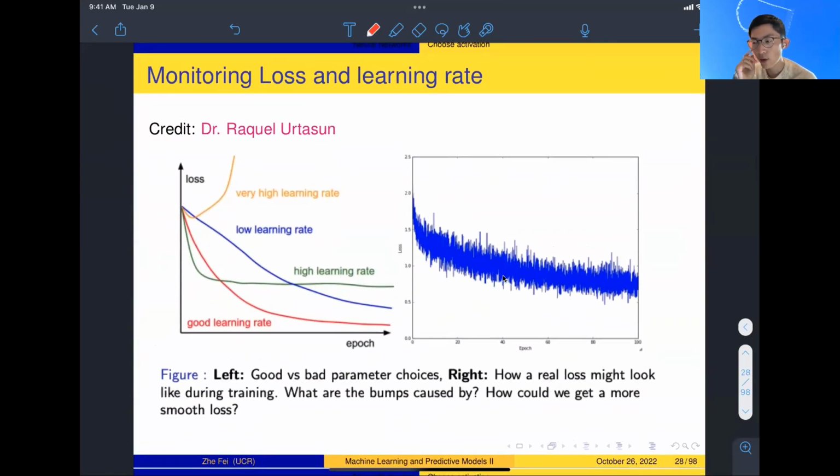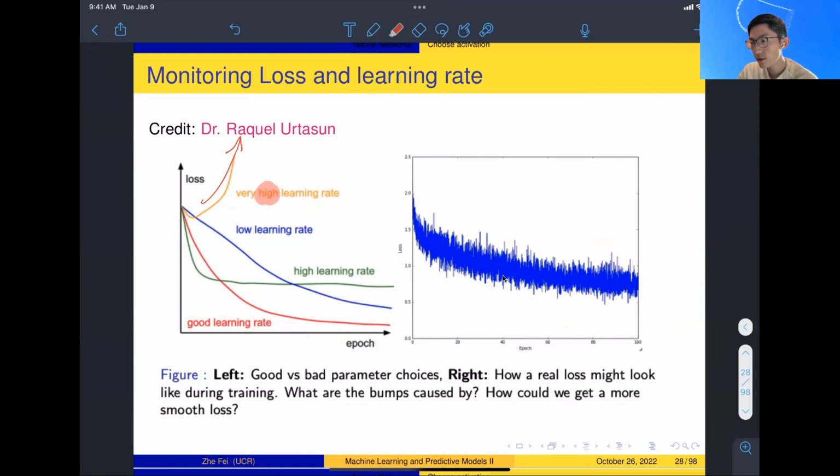So here's one illustration of the impact of different learning rates, as indicated by the different colors. We mentioned if your learning rate is too high, essentially your algorithm may not converge. Your loss, instead of decreasing, actually goes up, because every step you update your parameters too much, so you would miss the stationary point and it does not converge.